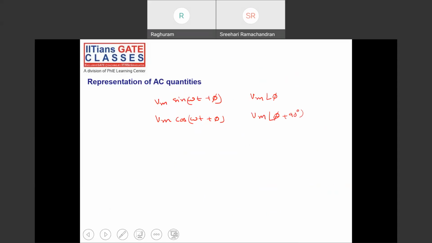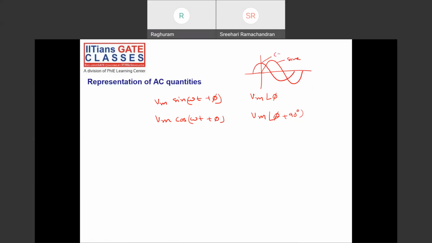Cos and sine, tell me which one leads which one. What is sine and cos? If this is my sine wave, where will the cos wave start? Like shifting the wave a little bit to the left. What is the angle? Pi by 2. It starts before the sine wave.